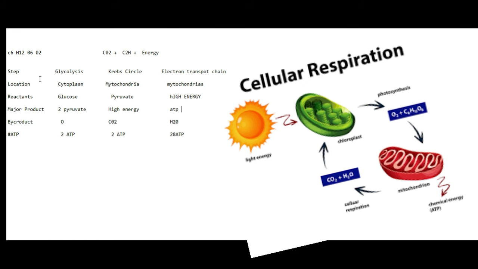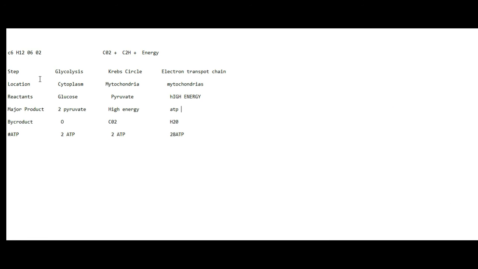You may also see the citric acid cycle referred to as TCA, which stands for tricarboxylic acid cycle, or the Krebs cycle. The Krebs cycle, or citric acid cycle, doesn't take place in the cytoplasm.